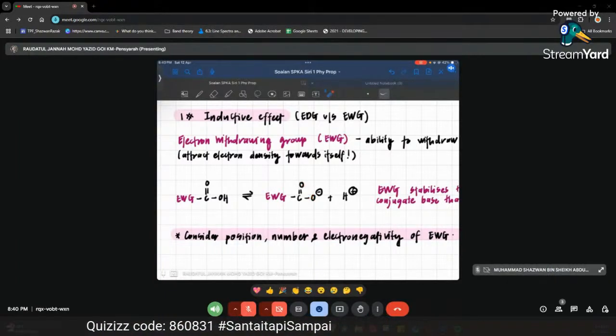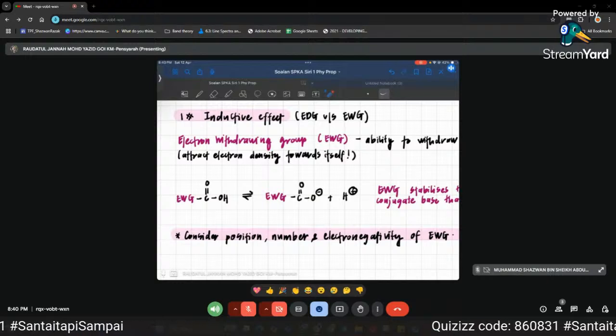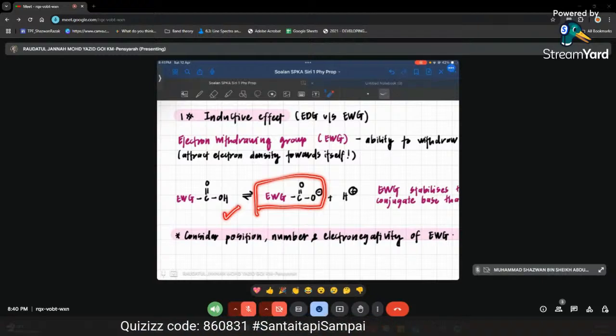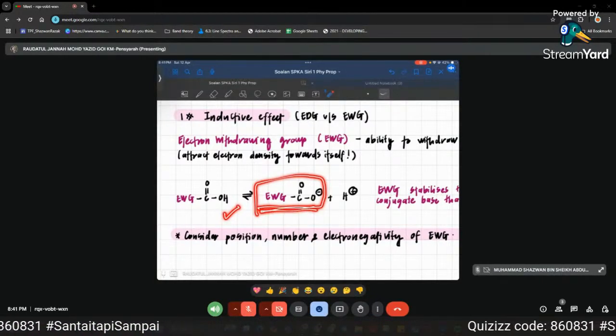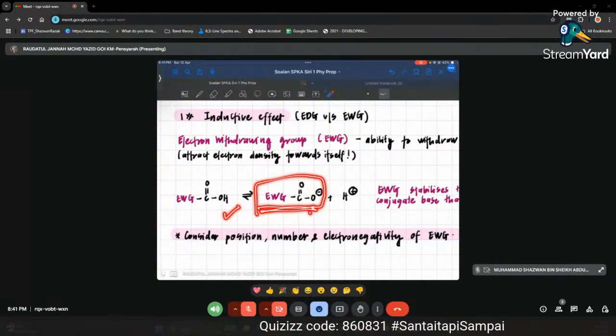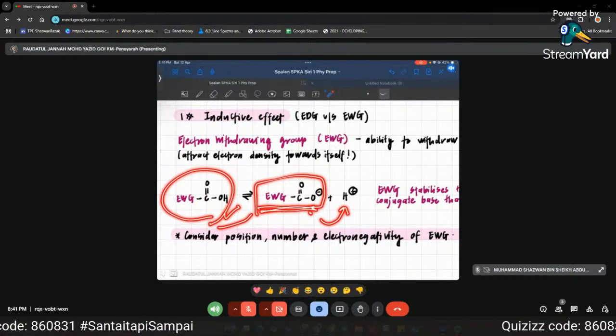And consider this, if you form a very stable conjugate base, that means dissociation of the proton can happen nicely. Or if your conjugate base is stable, it will be long-lived. That means your carboxylate ion finds it difficult to attack back your proton and do a reverse reaction, producing back your carboxylic acid.